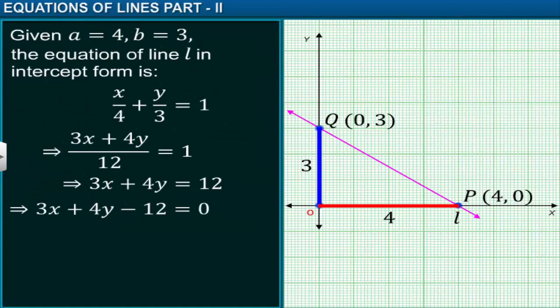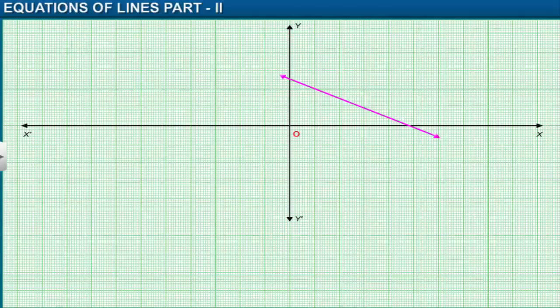The normal form is used to express the equation of a line when we know its perpendicular distance from the origin and the inclination of the perpendicular drawn to the line from the origin. Consider a non-vertical line L. Let OA be the normal or perpendicular drawn to line L from the origin.